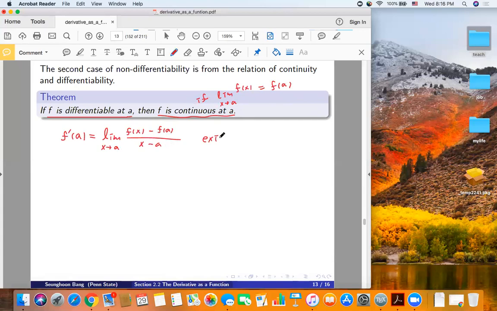This is the exact meaning. That's right. So this limit value is a finite number.